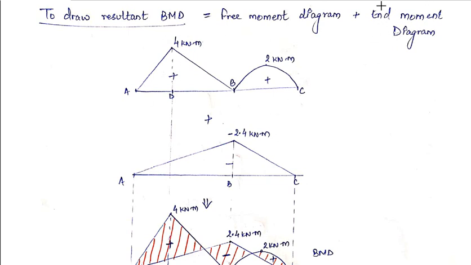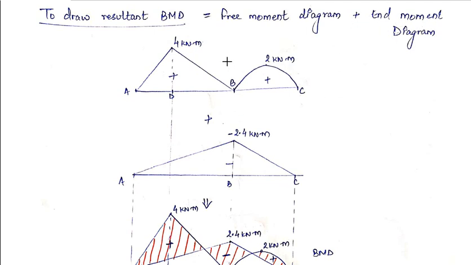Now we come to the end moment diagram. In the continuous beam, the values of MA and MC were 0, because they are simply supported ends, so the bending moment is 0 at a simple support. The value of MB was coming out to be minus 2.4. So join these points by a straight line, and we get the end moment diagram.